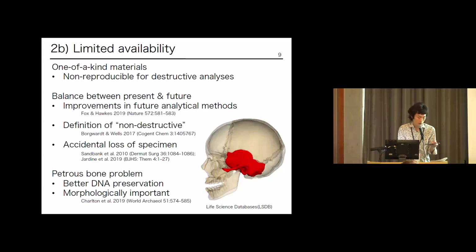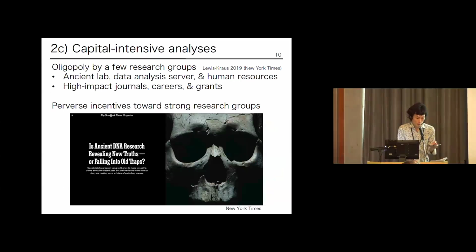However, sampling destroys the morphologically important inner ear structure. That raises concerns about the declined availability of petrous bones for various future research. Furthermore, ancient biomolecular analysis is highly capital intensive.